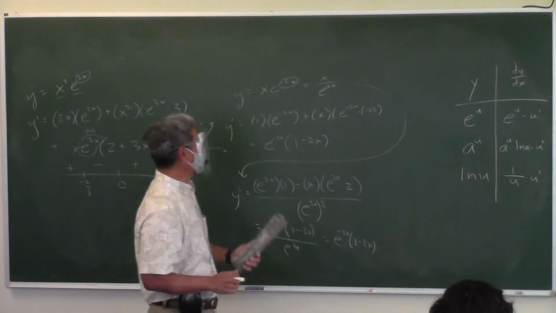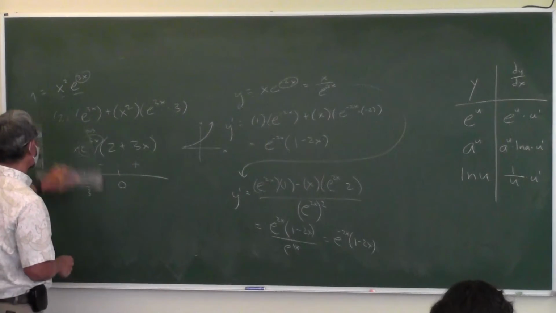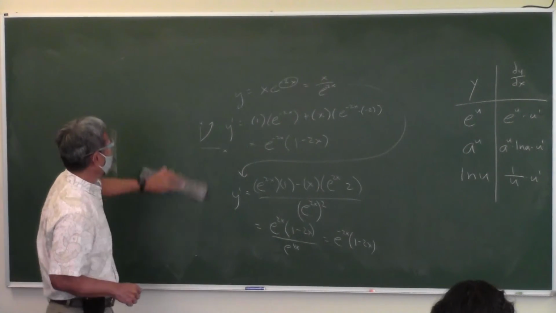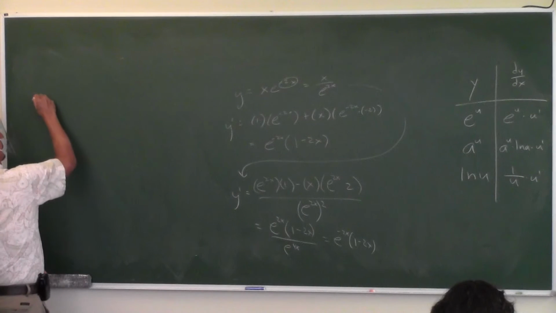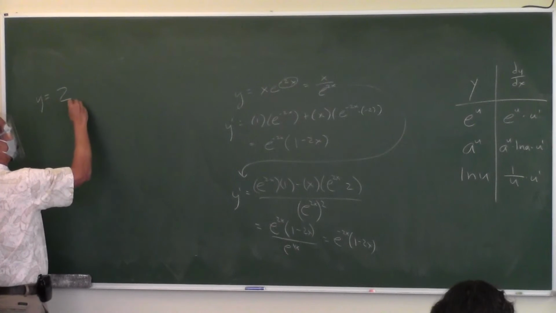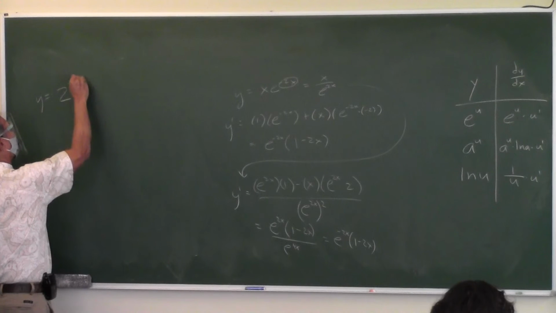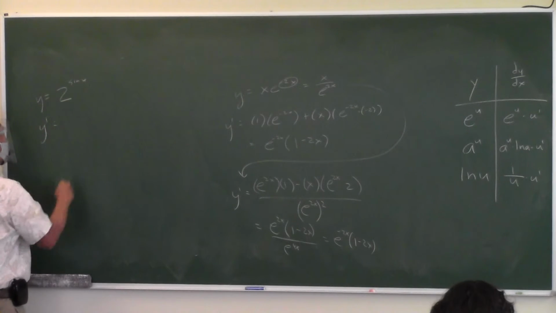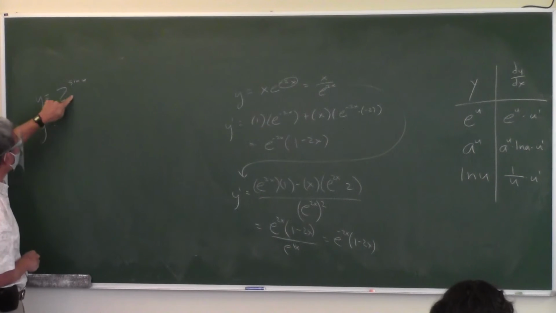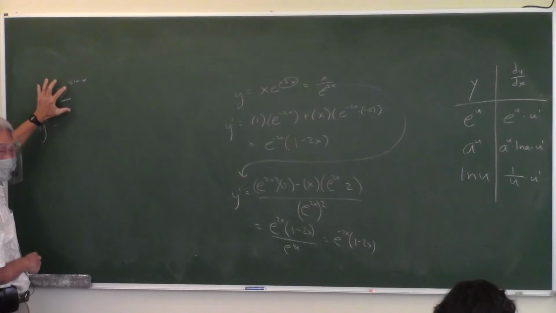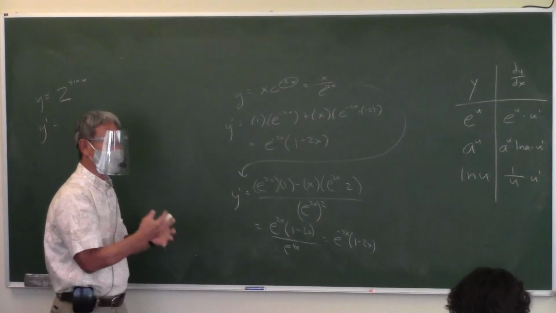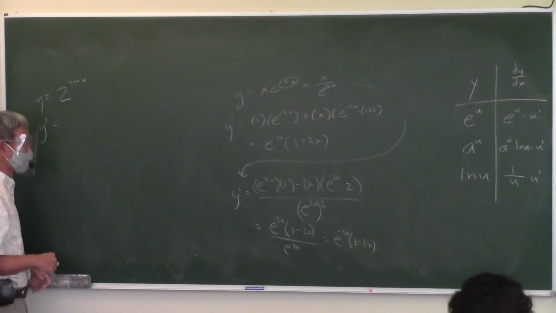Okay, now what about that second one? Let's look at some of those. What if you have 2 to the sine x power? See how this is a constant? This a is a constant. It's a number: 2, 5, 7, whatever.